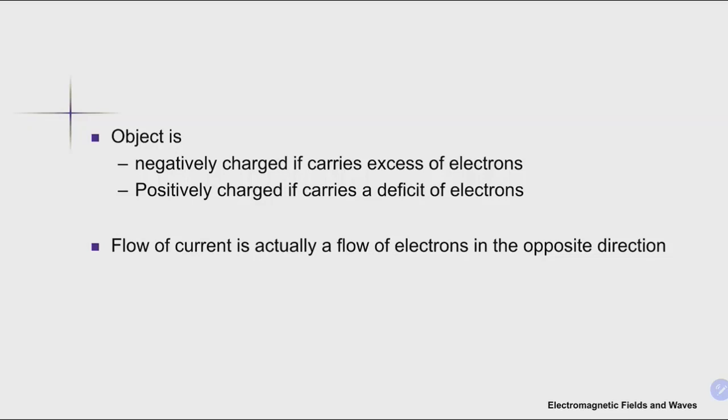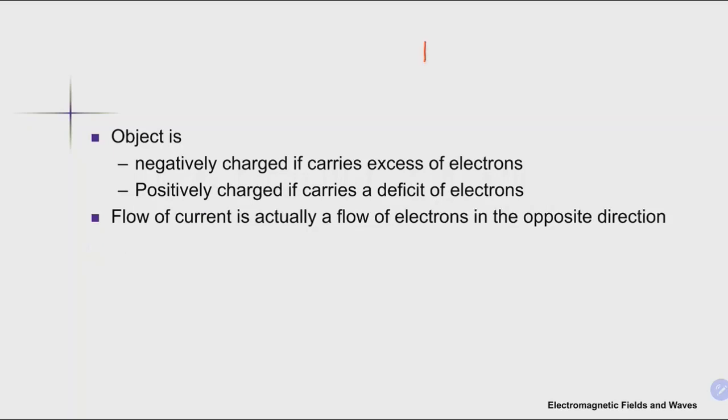Flow of current, you study that in circuits. In electronics or electrical circuits, we always look at the current. Let's say you have a circuit with a resistor. We always say that the current flows. Current flow is conceptual, it's not real. The actual flow is the electron flow.